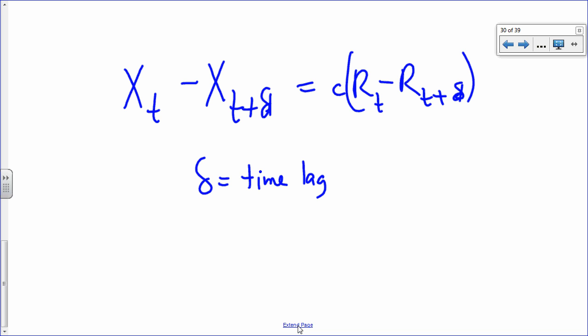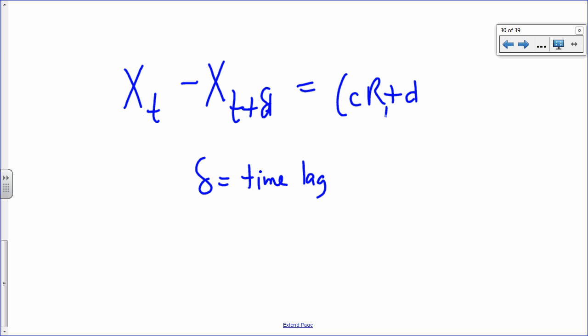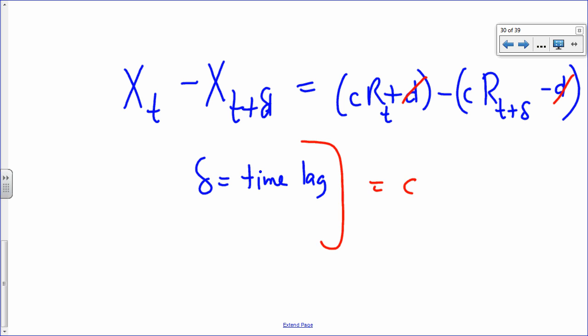So what would happen? Okay, let me fix this up. This is going to be C times R plus D at time t, right? Minus C times R at time t plus delta, minus D. You'll notice that your D cancels out. So this just gives you C times R at time t minus R at time t plus delta.